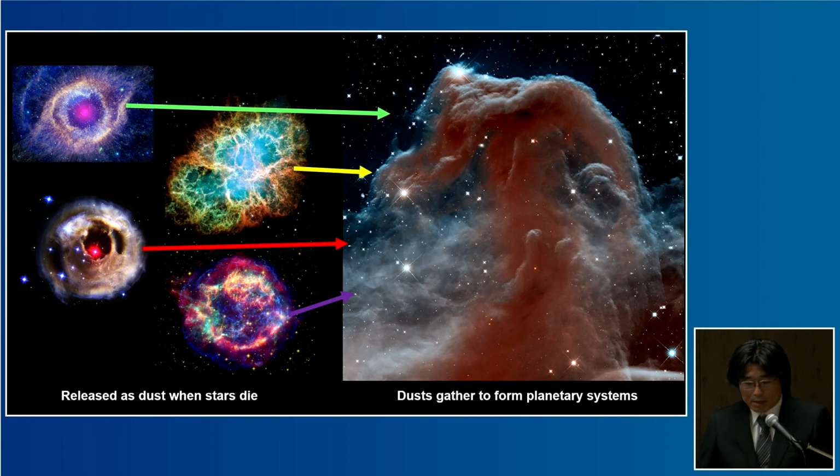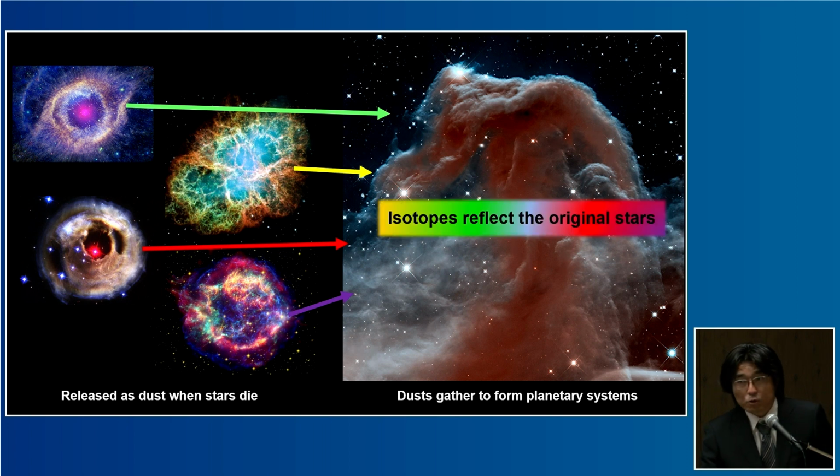The synthesized isotopes are ejected into space as dust when the star dies. Eventually, the dust collects to form new stars and planetary systems. Therefore, isotopic compositions can be scattered to reflect the original stars.